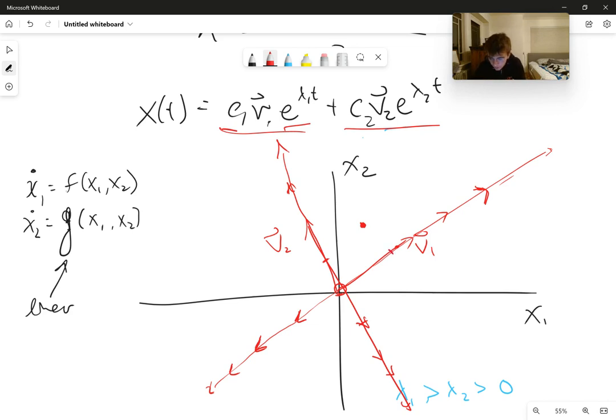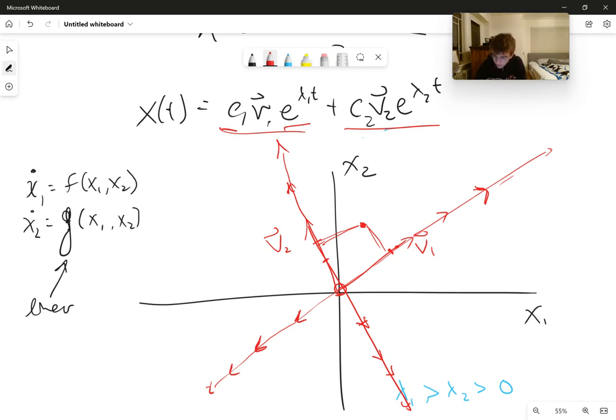I'm going to have a component on this eigenvector, and a component that essentially projects onto the other eigenvector. As I can see here, both of these components are going to exponentially grow with time, and so this particle is going to shoot out into space. But we need to figure out how exactly it is going to shoot out, right?